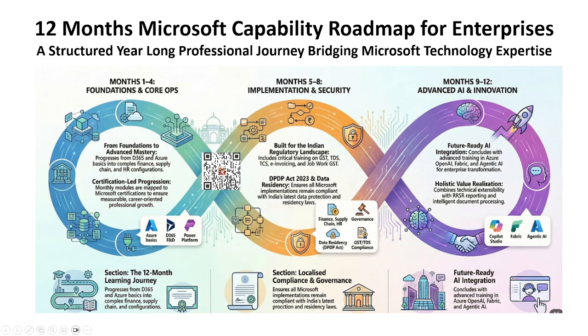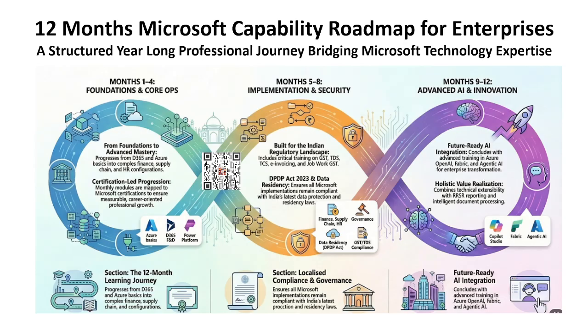Then the last part of this whole digital transformation journey is moving toward the advanced side. Advanced means we will be moving into the manufacturing area, and we'll be using artificial intelligence, Microsoft Copilot, OpenAI, and agentic AI in the enterprise transformation.